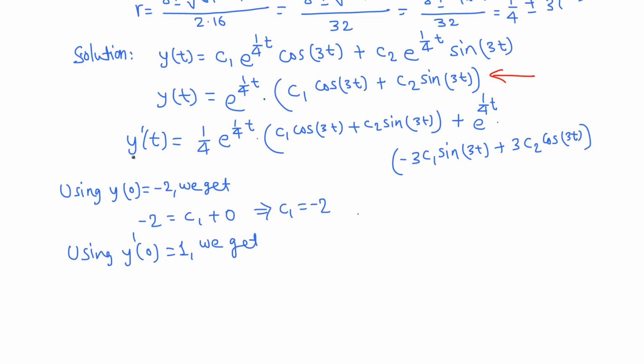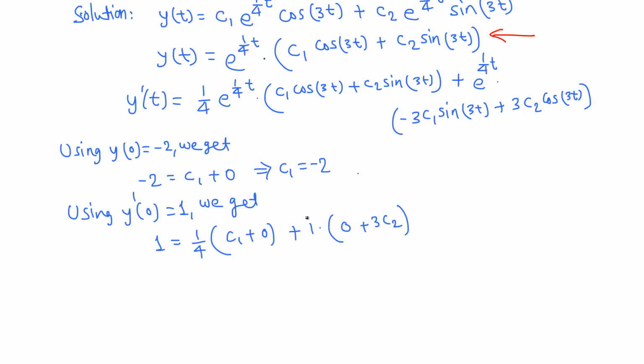We get y prime is 1 when t is 0, so this is 1/4 e raised to 0 is 1, this is 1/4 c1 cosine 0 is 1, so c1, plus c2 sine 0 is 0, plus e raised to 0, which is 1, -3c1 sine 0, that's 0, 3c2 cosine 0 is 1. And we know the value of c1, which is -2, so let's plug in there and find the value of c2.